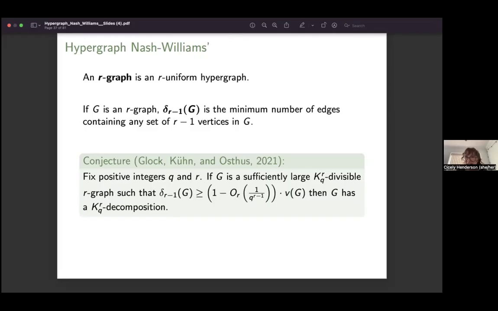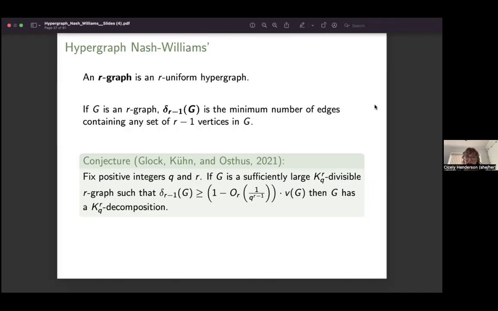And if I make a typo, I try to catch myself, but sometimes I'll just use delta of G, our normal minimum degree notation. And when I'm talking about an R uniform hypergraph, what I mean is this R minus 1 degree. Okay, well, in 2021, Glock, Kühn, and Osthus proposed a hypergraph Nash-Williams conjecture.